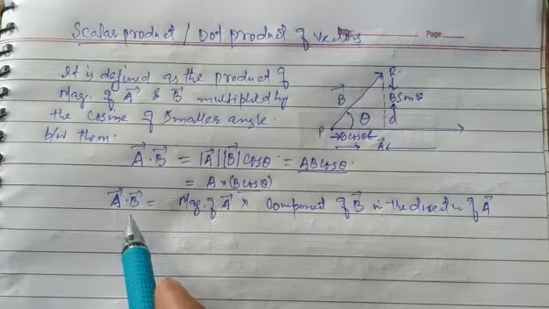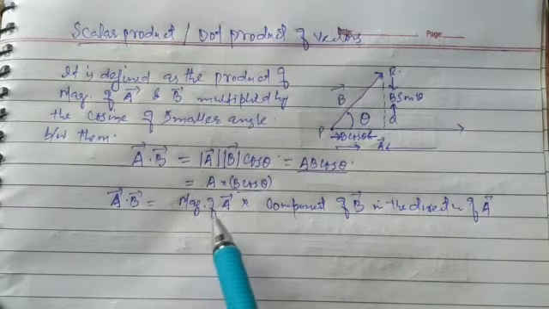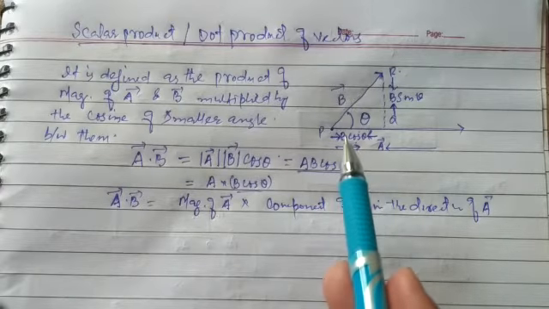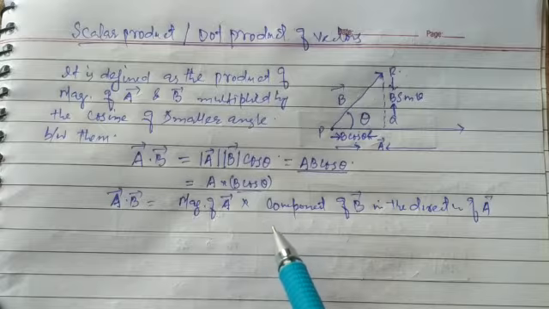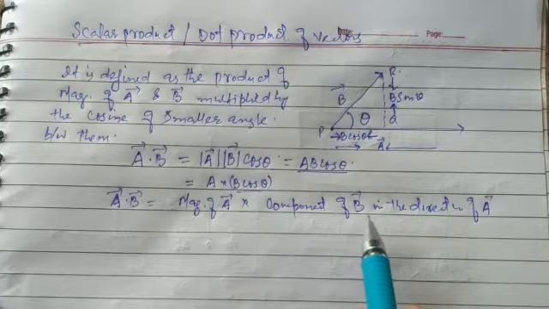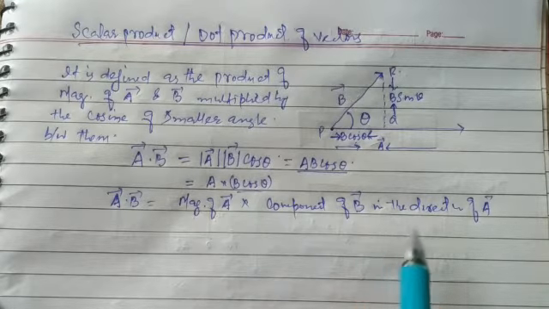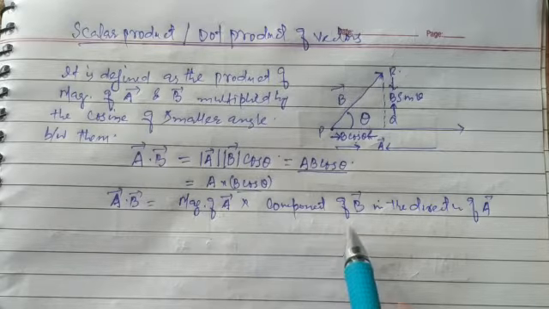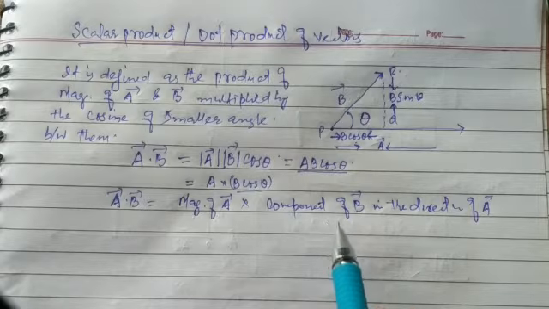Thus the dot product is also defined as the product of the magnitude of one vector and the component of the other vector in the direction of the first vector.